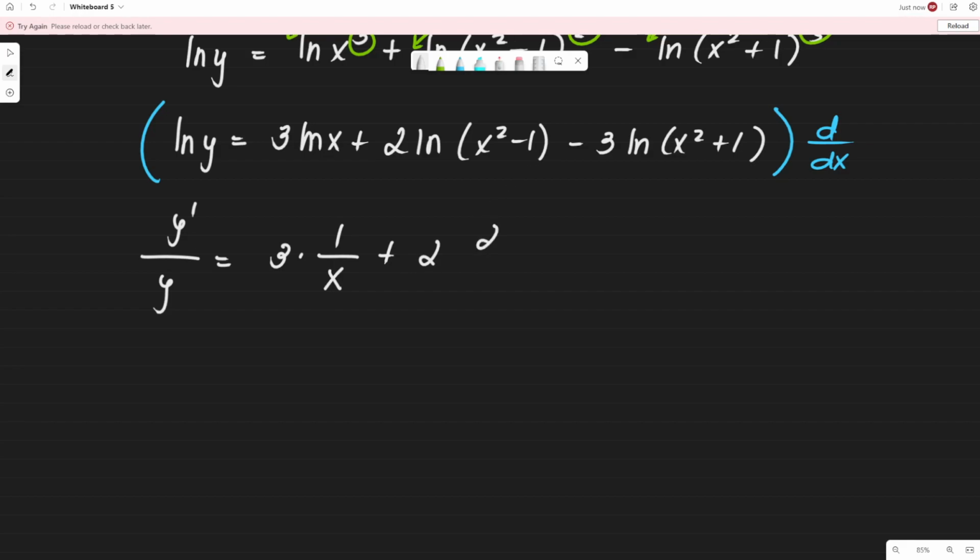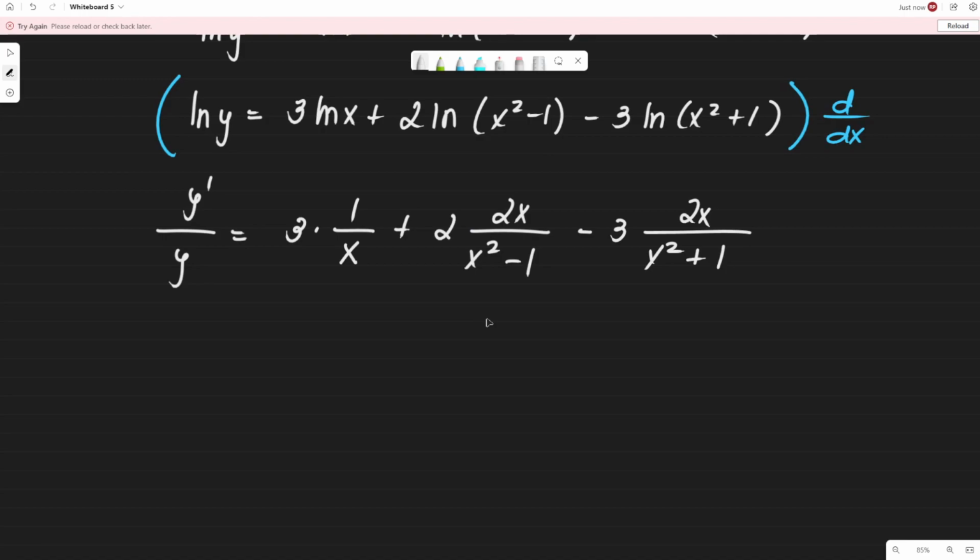So, we'll have 2x over x squared minus 1. Okay? So, minus 3 multiplied to the derivative of x squared plus 1, which is 2x, still over x squared plus 1. Okay? So, guys, this is not the final answer.